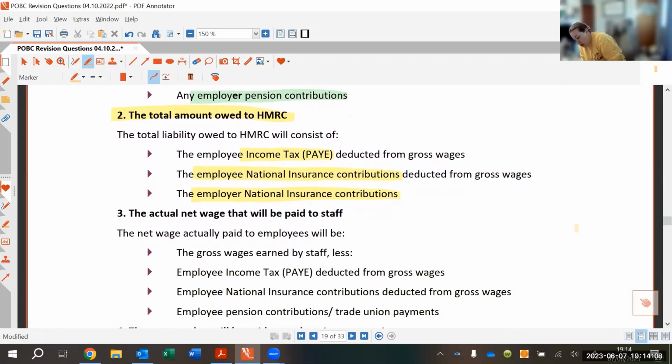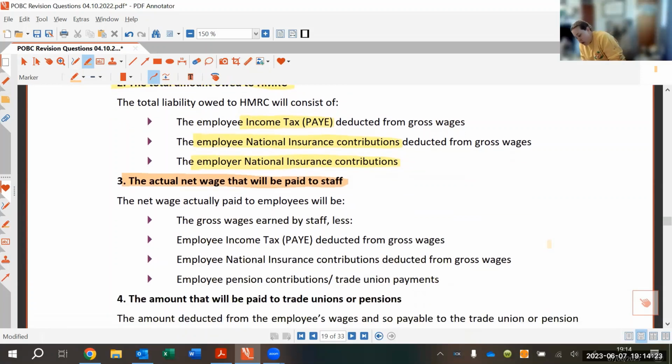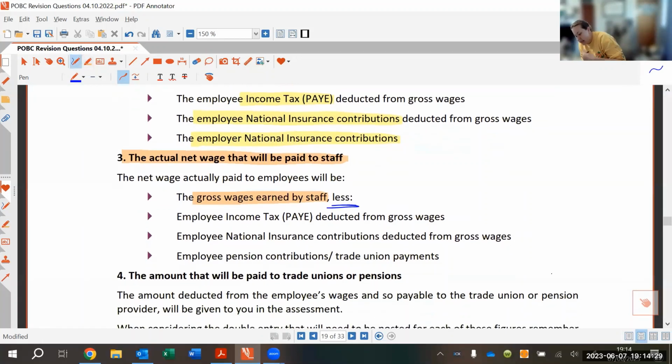And then the third one that you might be asked to do, this is the important one for all of us employees, is the amount that is actually going to be paid out to the staff and into their bank accounts. And this one, you're not just adding figures together, it's taking the gross wages, but this time you're going to be deducting the various taxes, national insurance, and things like that. So you're definitely going to have income tax, you're definitely going to have the employee national insurance.